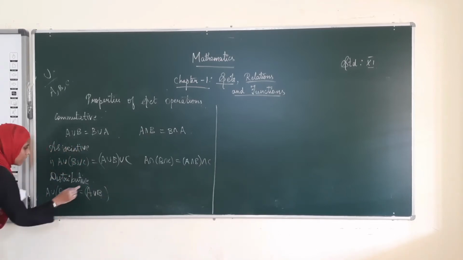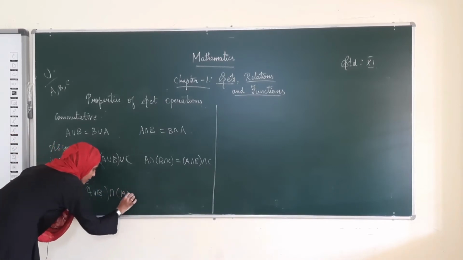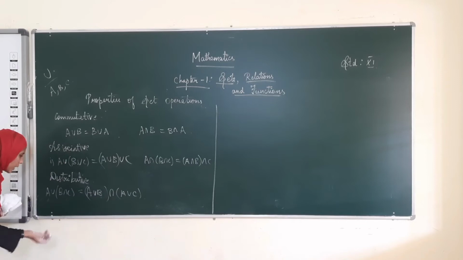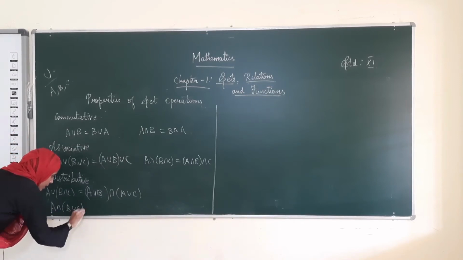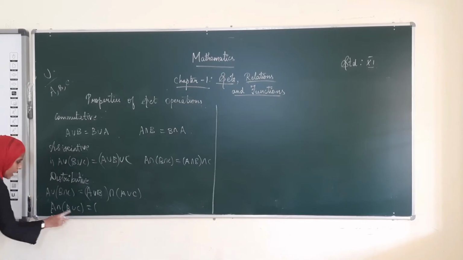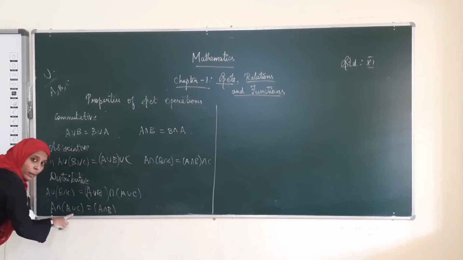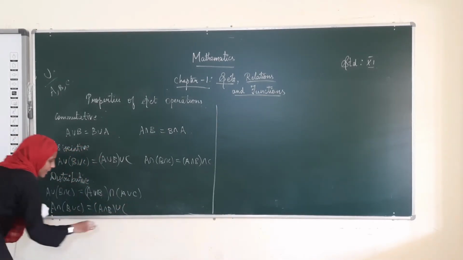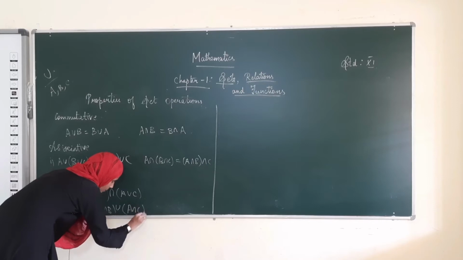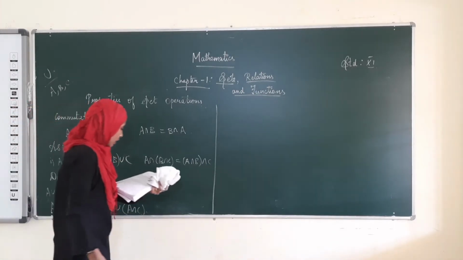Then using intersection, A intersection (B union C) will be equal to (A intersection B), and the middle symbol will be union, and then (A intersection C). This is called the distributive law.